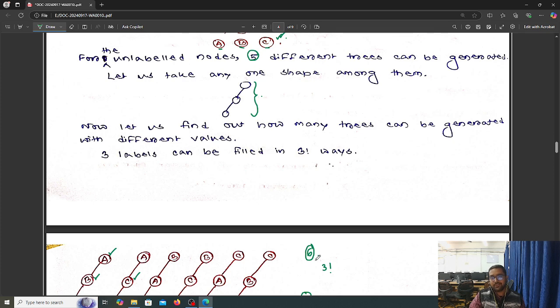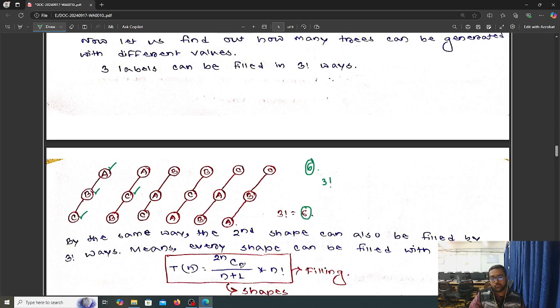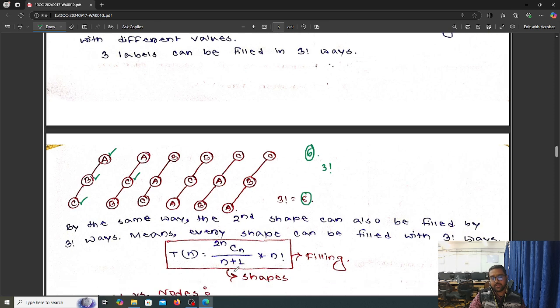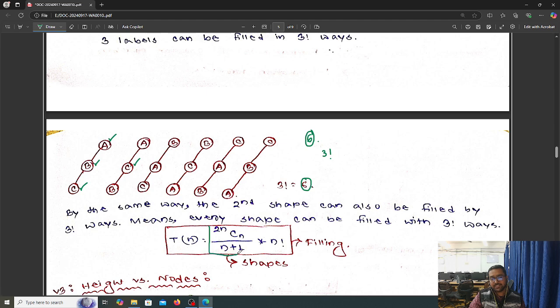Catalan number into the number of nodes factorial, that is 2n Cn by n plus 1 into n factorial, where 2n Cn by n plus 1 gives us the number of shapes that can be generated using the number of nodes, and n factorial gives us how we can fill the data in that binary tree. That is all about the shapes for labeled and unlabeled nodes.